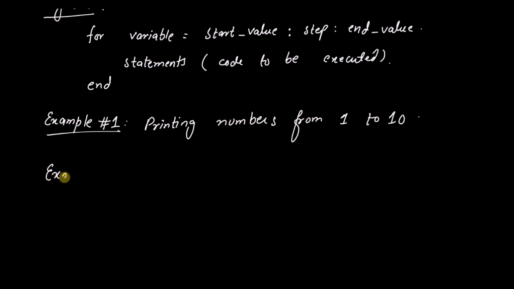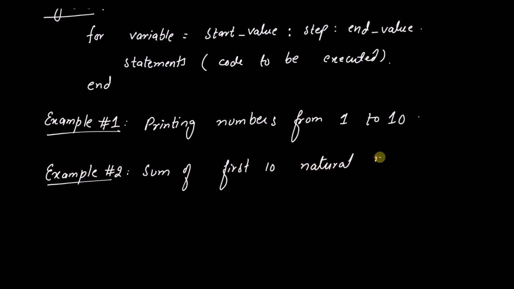So in example number 2, we are going to discuss the for loop with the help of an example where we find the sum of the first 10 natural numbers. So with the help of these two examples, we are going to understand how the for loop works.